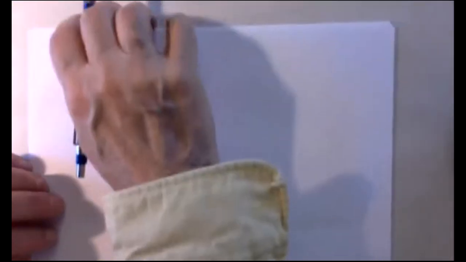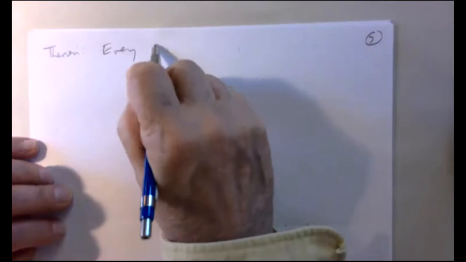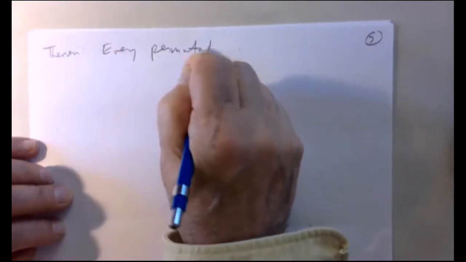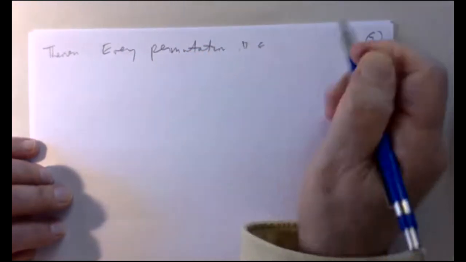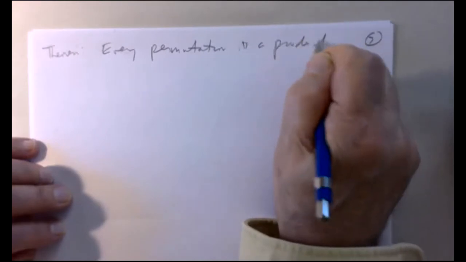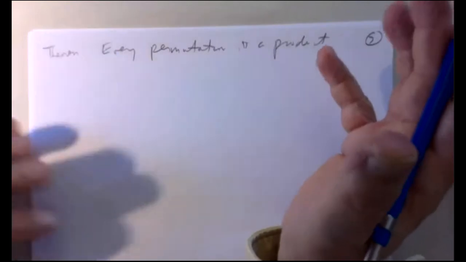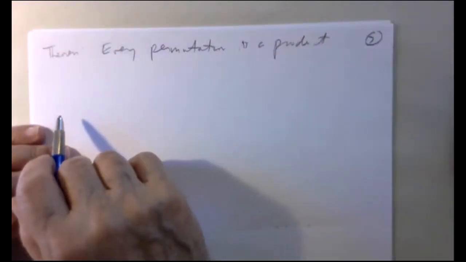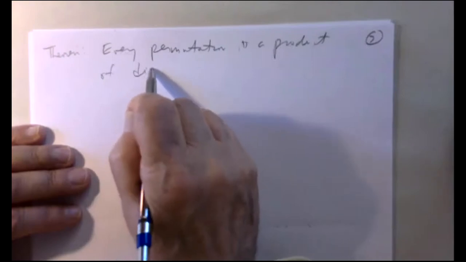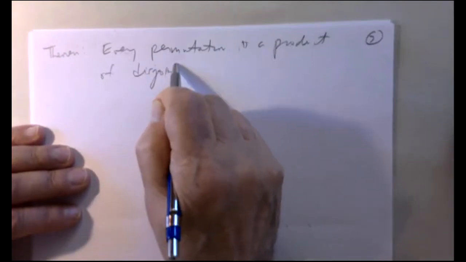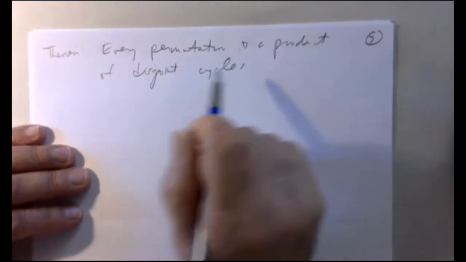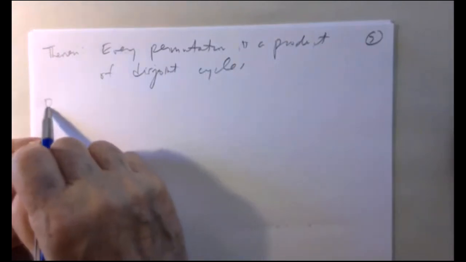And I showed on Monday the following theorem. Every permutation is a product, where product means composition of functions, of disjoint cycles. So let's just recall the definition.